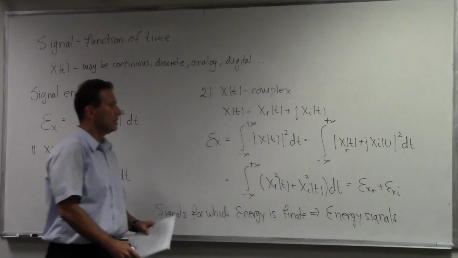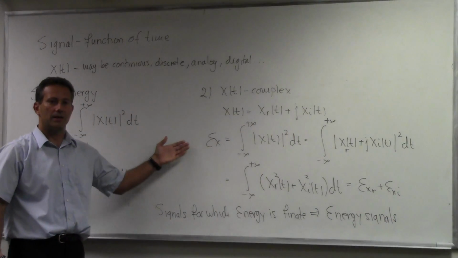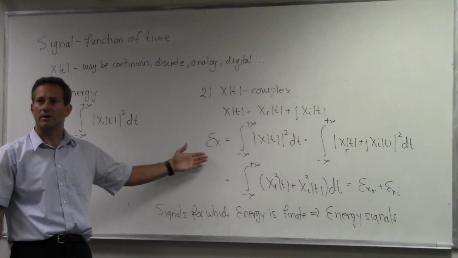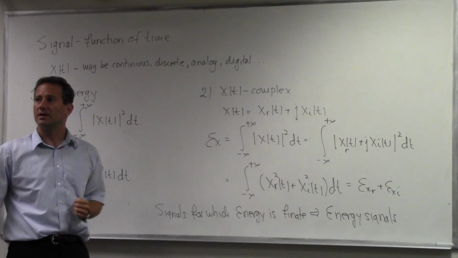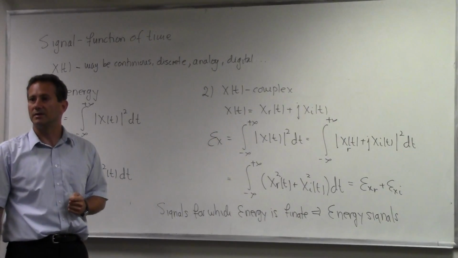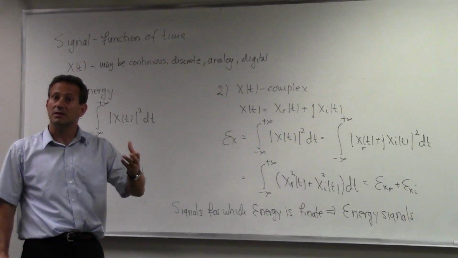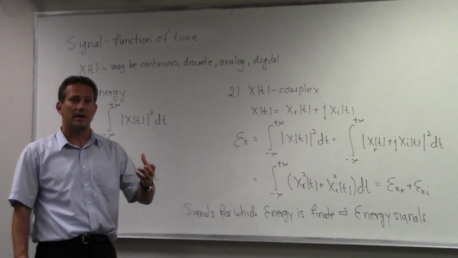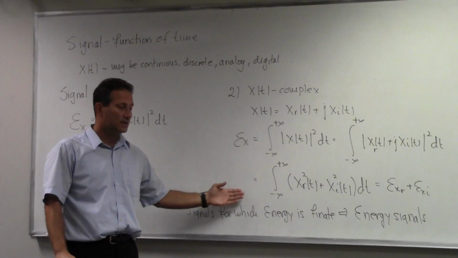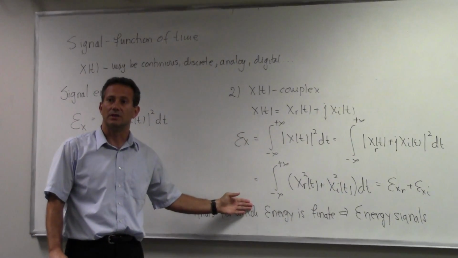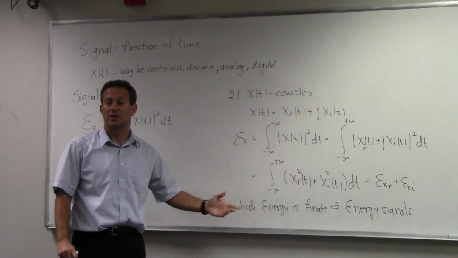Okay? So if I take a signal and I take its magnitude and then I square it and then I integrate the area under the curve over the entire t-axis and I get a single number that is finite, then I call that signal as belonging to a class of signals that are energy signals.